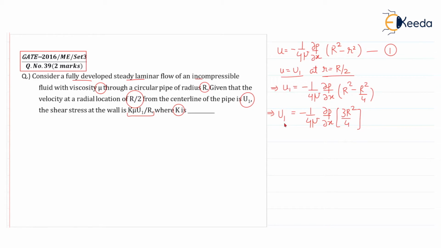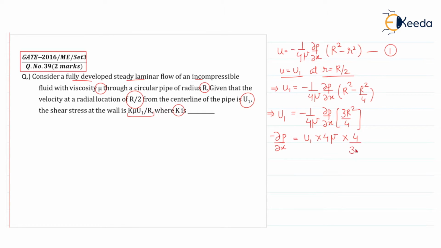So from this, we can find out the value of minus dou p by dou x. Minus dou p by dou x will be equal to u1 into 4 mu into 4 by 3R square.